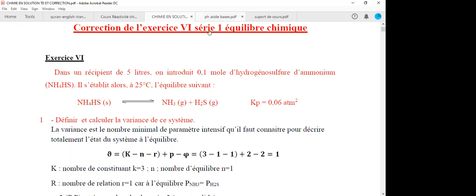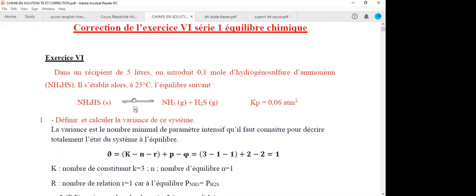Okay, on continue. So we've got this question. The question is saying, dans un récipient de 5 litres, on introduit 0,1 mol d'hydrogénosulfure d'ammonium. So this is ammonium hydrogen sulfide.